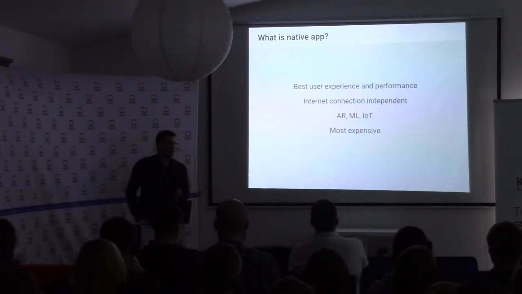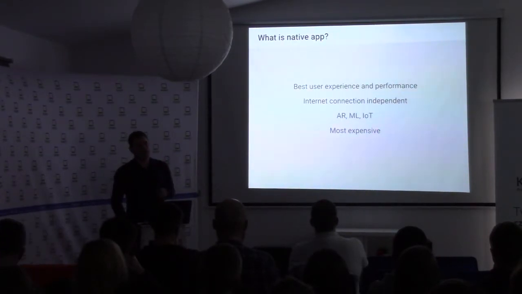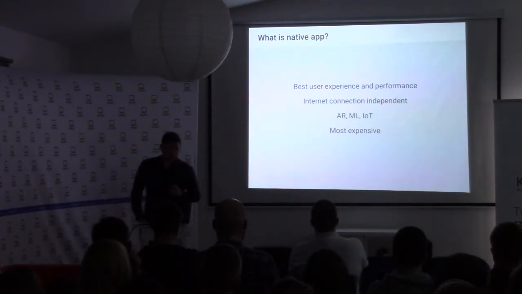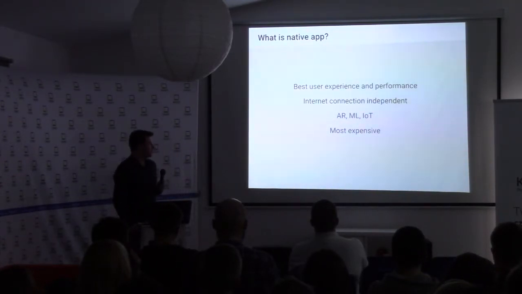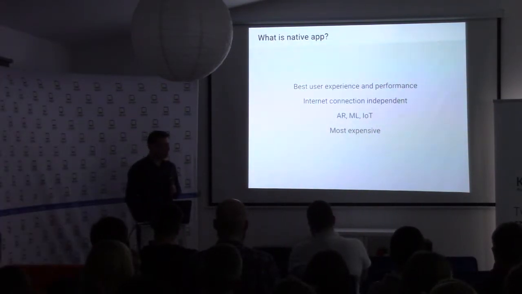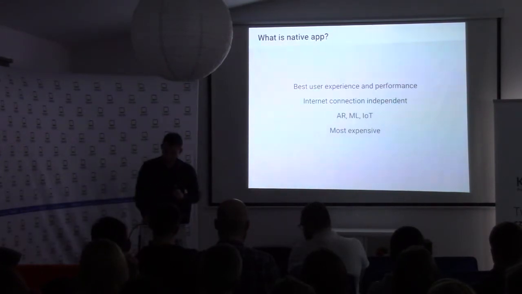So, for example, we can build an application for your watch, car, or home appliances like a fridge or oven. But there's one drawback of building a native app. They are the most expensive ones to build. As I said before, you need a separate team of Android specialists or iOS specialists. So that costs.